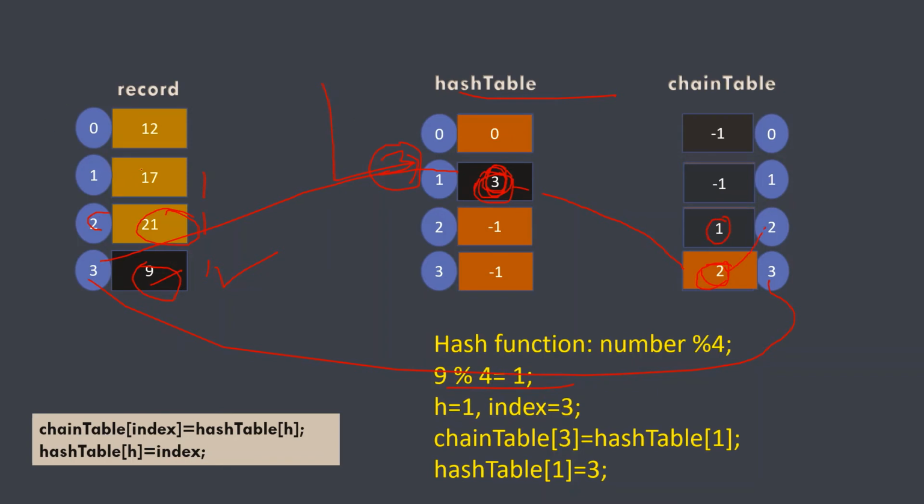You go to 1 in the record, you find 17. 17 also has hash value 1. If you go to 1 in the chain table, you will find there is an entry -1. This -1 is saying that there are no further records. So a chain is being created, a chain of indexes having the same hash value.